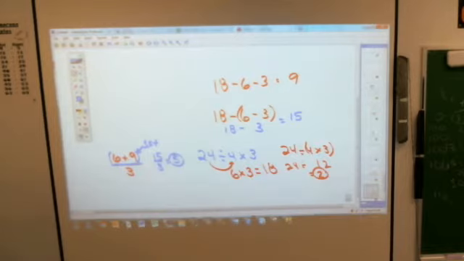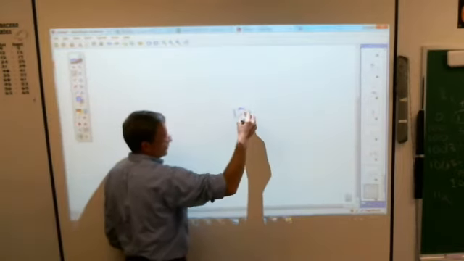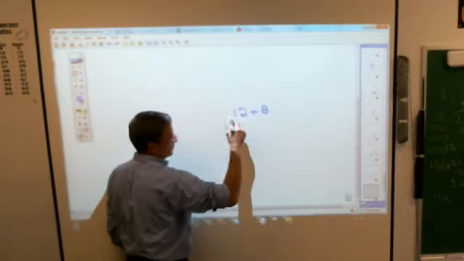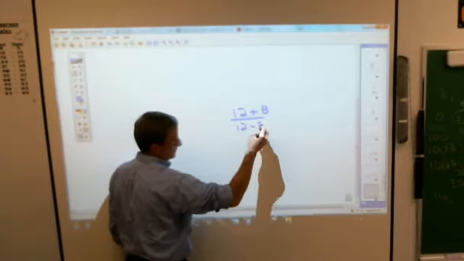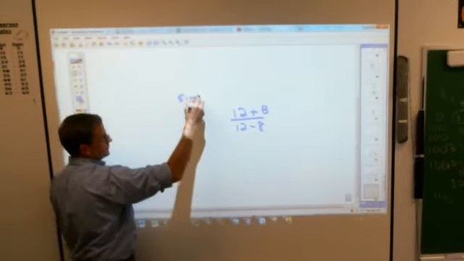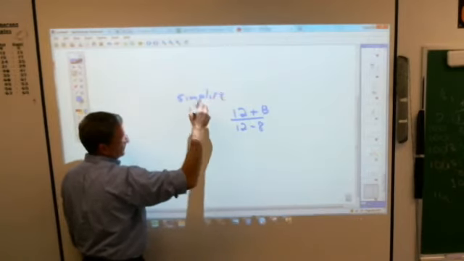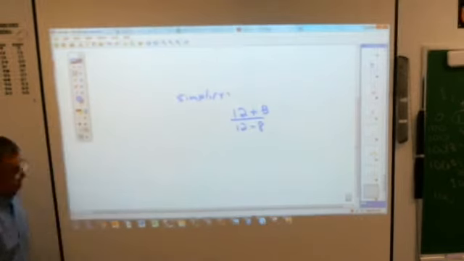Simplify, that's a fun word, isn't it? 12 plus 8 over 12 minus 8. What do you suppose the answer to this would be? If I asked you to simplify, which just means do the problem, what would you get?